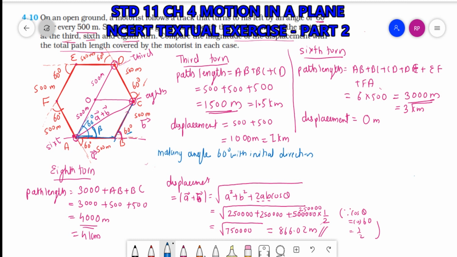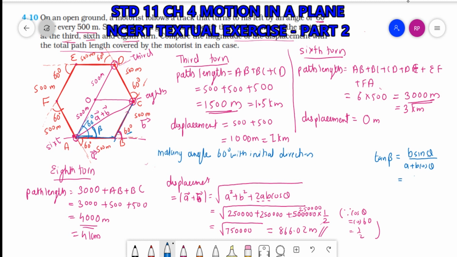Okay, so now you can use the formula. A and B are two vectors, and the resultant vector is making angle beta with vector A. Then the formula is tan beta is equal to B sine theta upon A plus B cos theta, where theta is the angle between two vectors.